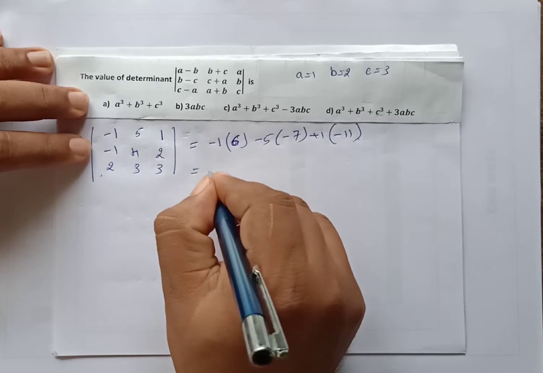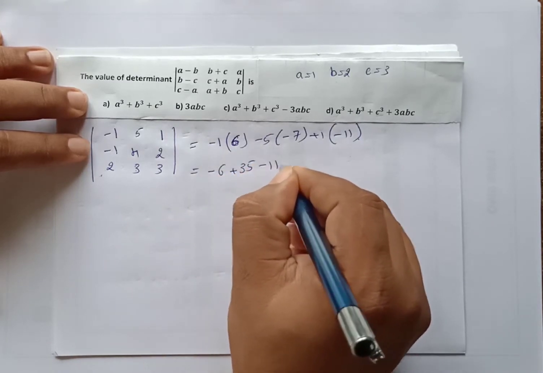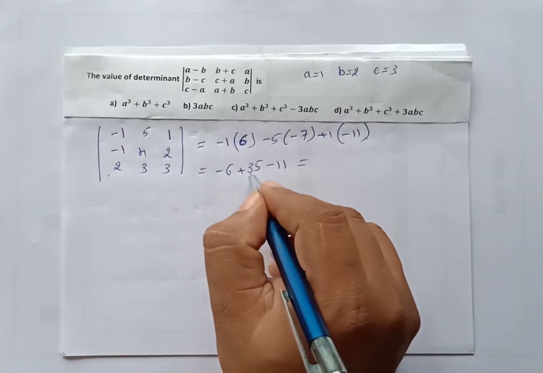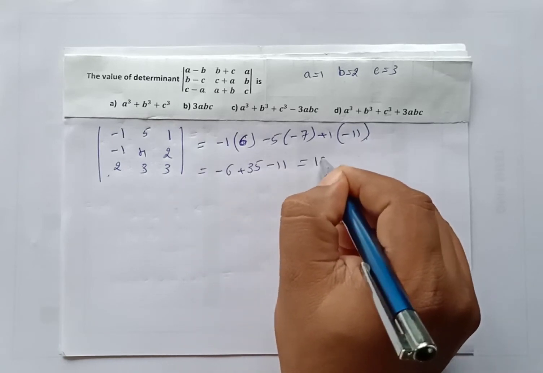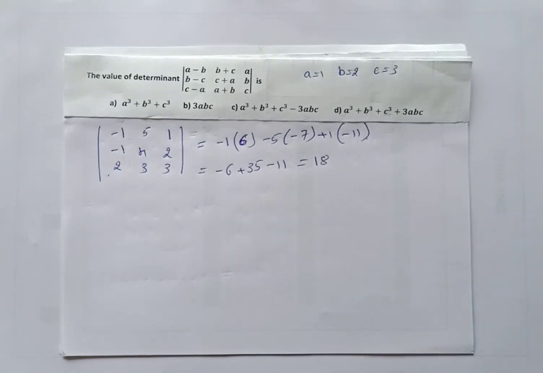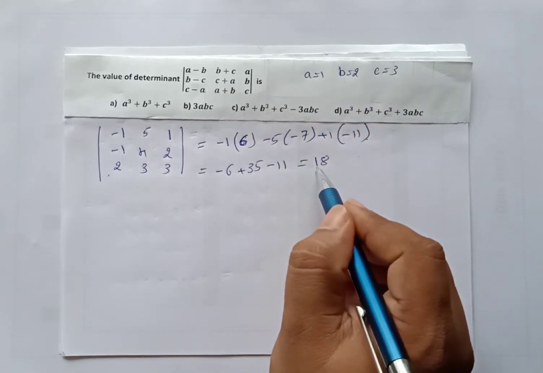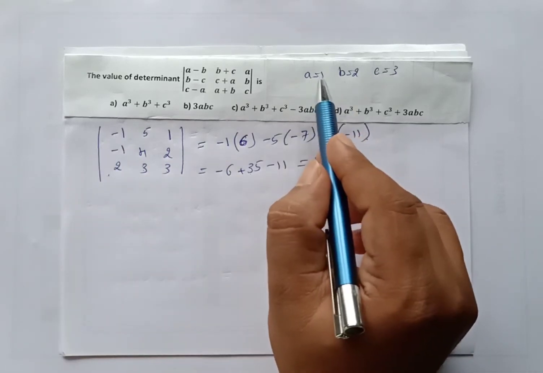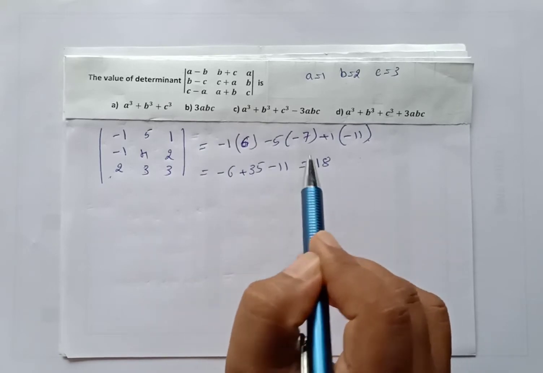So we get minus 6 plus 35 minus 11. 35 minus 6 is 29, 29 minus 11 is 18. By substituting a equal to 1, b equal to 2, c equal to 3, we get 18. Now from the options, substitute these values in the 4 options; whichever gives 18 is the answer.